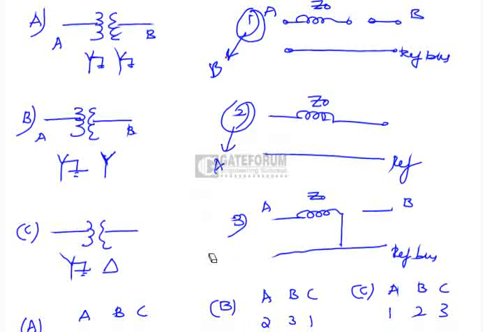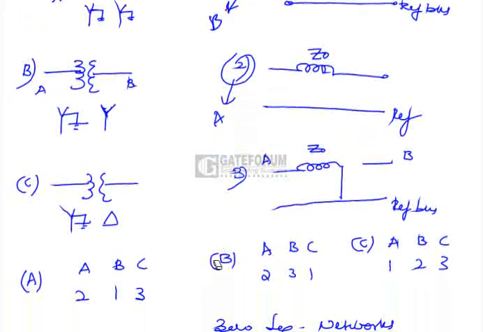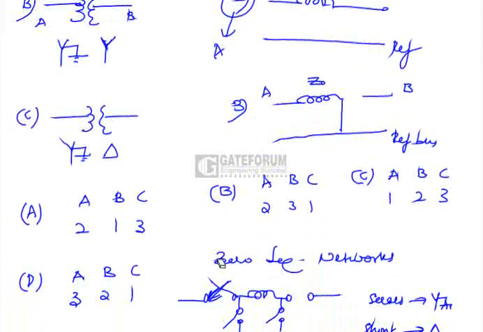Now look at the third one. The third connection is star grounded and delta. The star grounded primary switch is closed, and the secondary is delta, so this is closed. So option 3 is C. Which is the correct option here? Option A is correct.